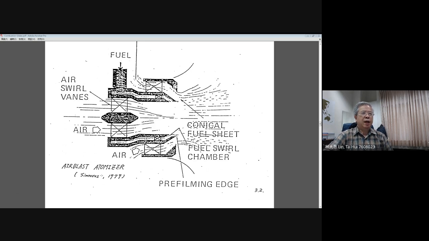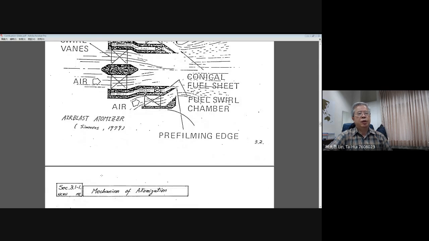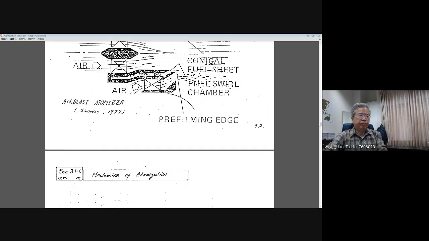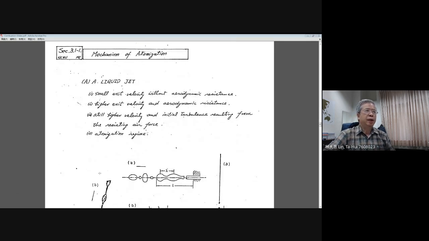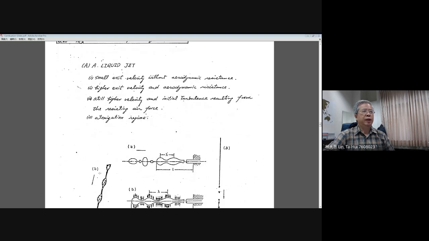Then we try to understand, if you use these kinds of injectors to produce the atomization, the mechanism of atomization. Okay, this is a very simple explanation for a liquid jet.